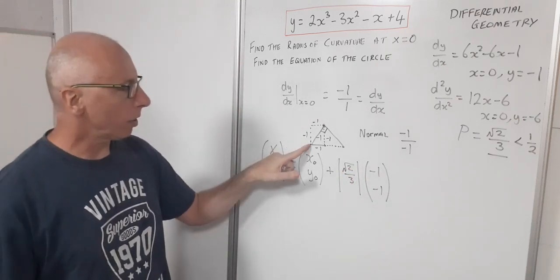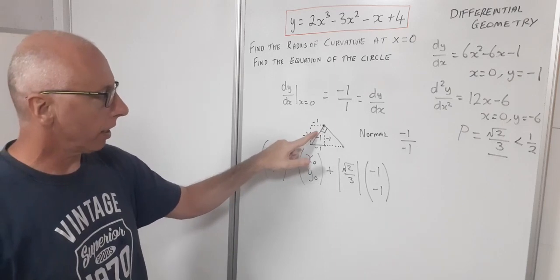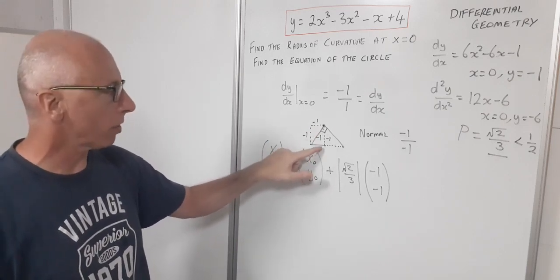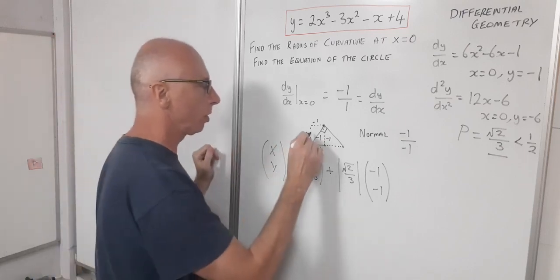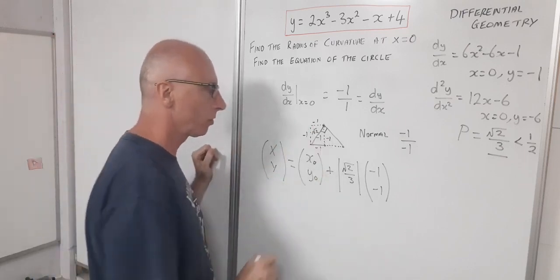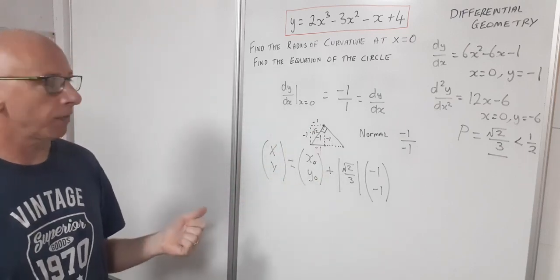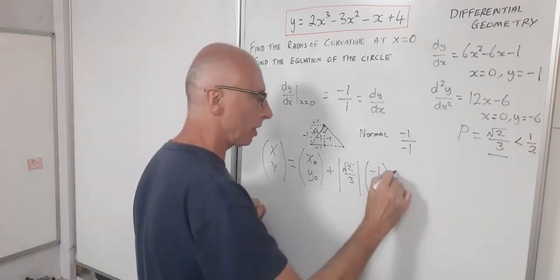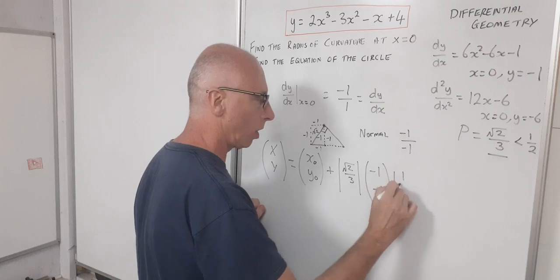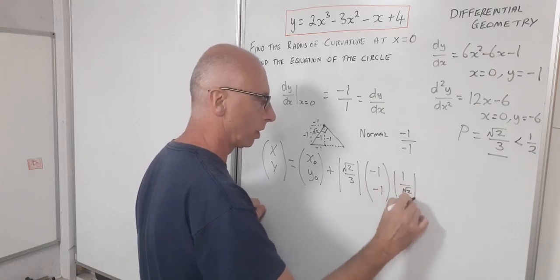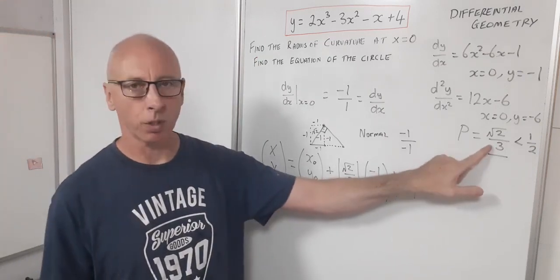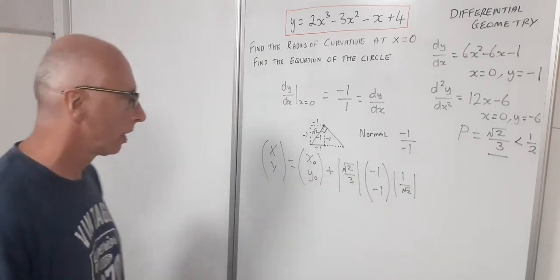But we just got to be careful here. We need this length here to be just a value of 1. But using Pythagoras, we've got 1 squared plus 1 squared is 2. So this length here is square root of 2. So then we need to divide everything by square root of 2. So we multiply this by another scalar, 1 over √2. And that will then give us where the radius will reach to, of length √2 over 3.